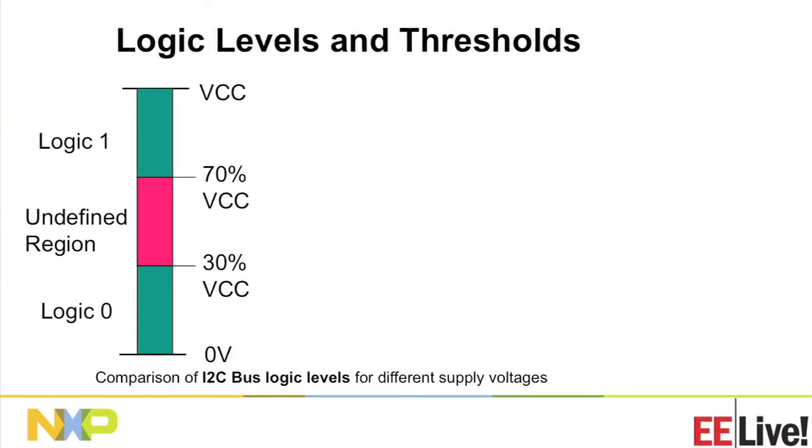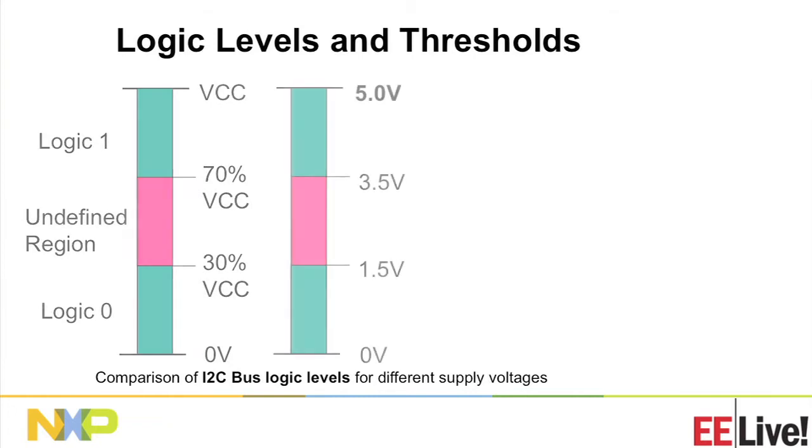When the bus was designed for a binary signal, we needed to decide what part of the supply range would be a logic 1 and what side should be a logic 0. Obviously there's a dead band in the middle, on my barometer that's colored red, and the values we chose were 70% and above is a 1, 30% and below is a 0. In the early days, that was a 5-volt world.